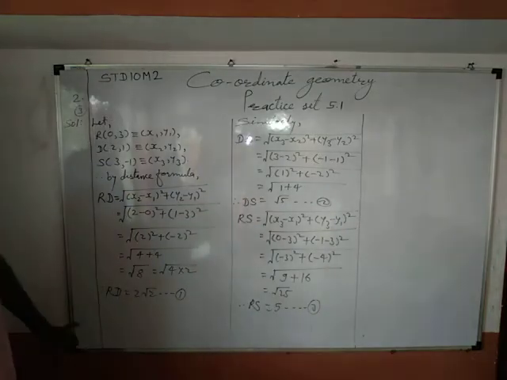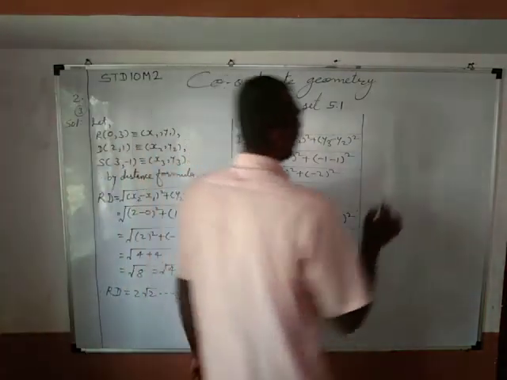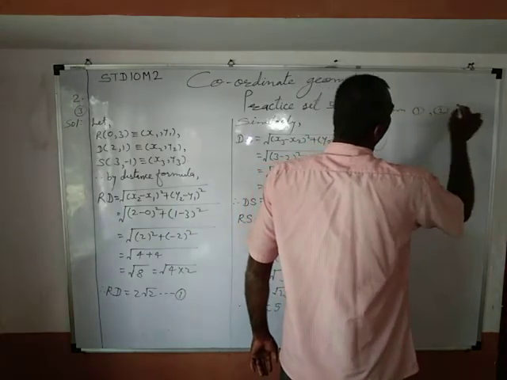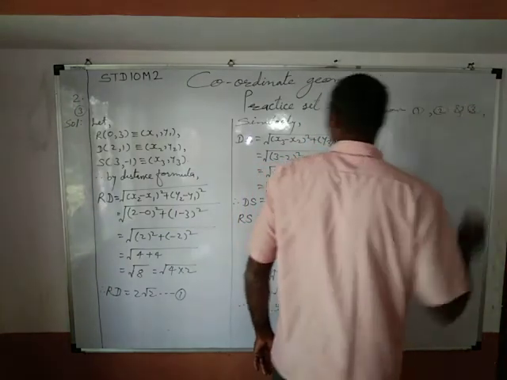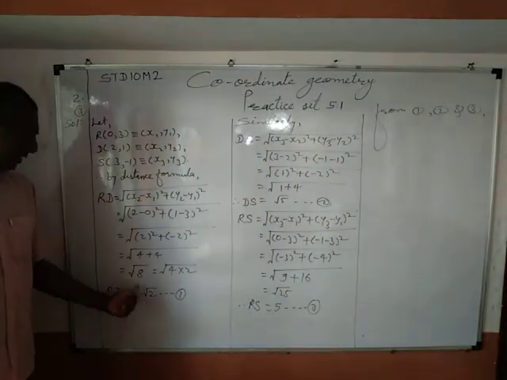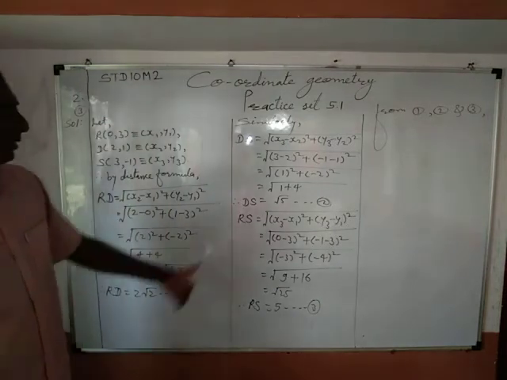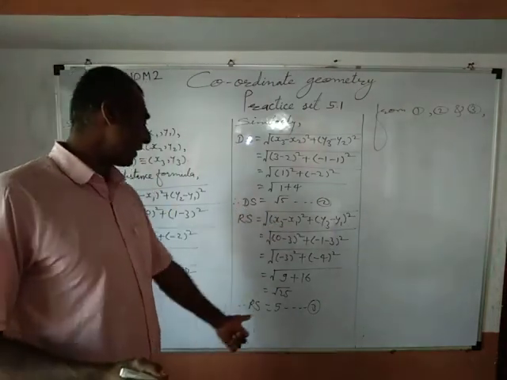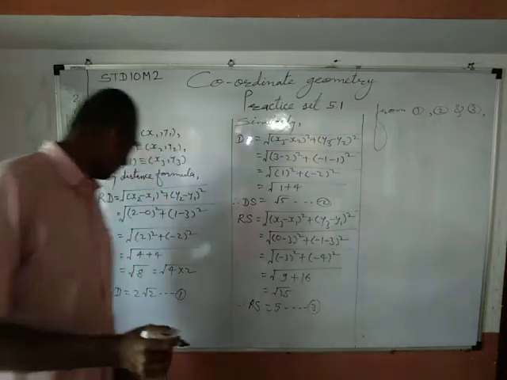Now from 1, 2 and 3, you may note RD, which is 2 root 2 means root 8, DS, which is root 5, and RS, which is 5, means root of 25.